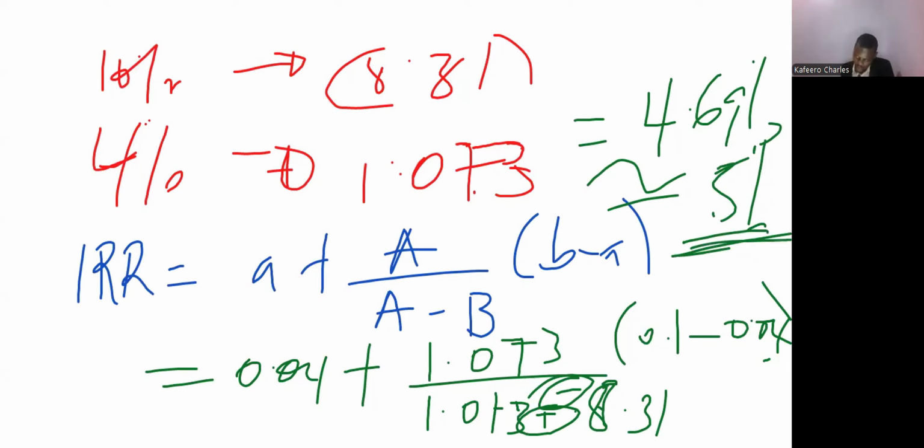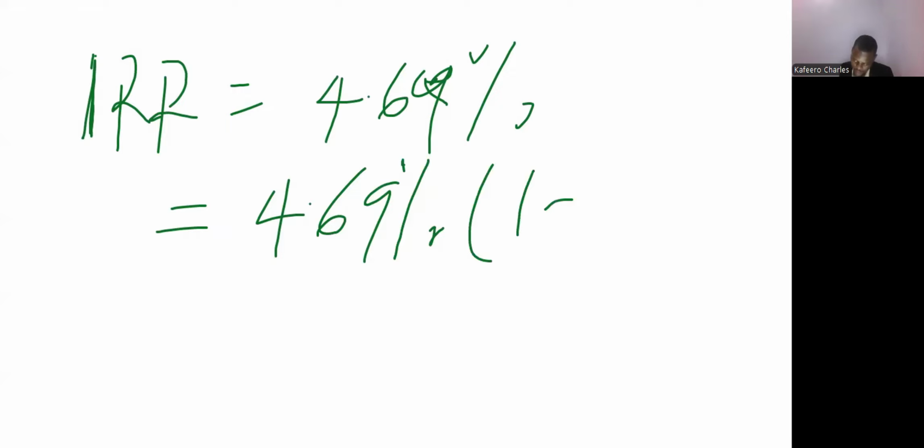But now this figure that we've gotten, we've not catered for tax. So we are supposed to adjust it for tax. So IRR that we've got is 4.69%. So we adjust that for tax. So we are going to get 4.69% into 1 minus the tax rate. The tax rate they told us it is 50%, which is 0.5.